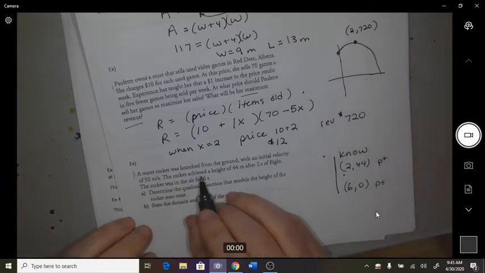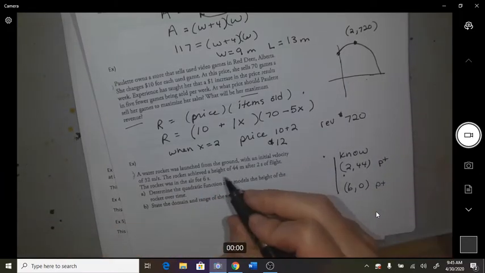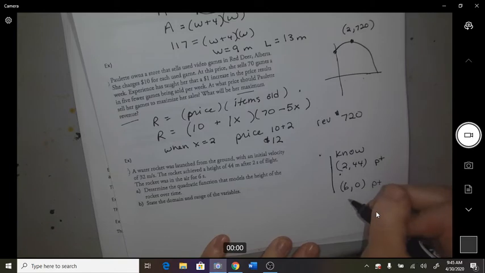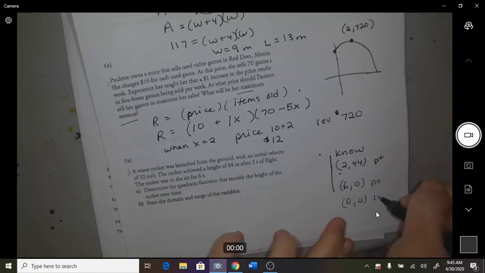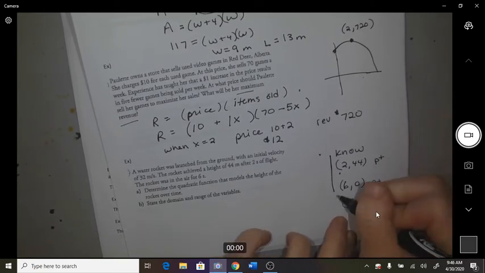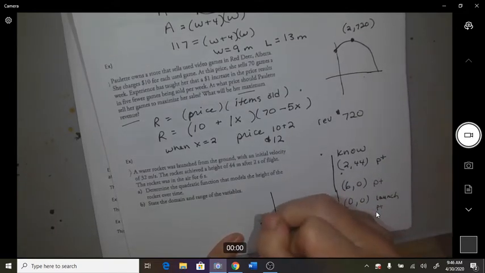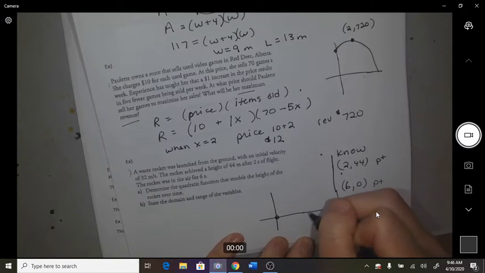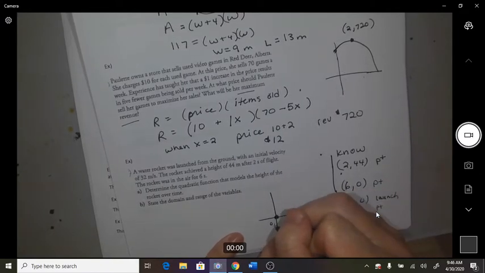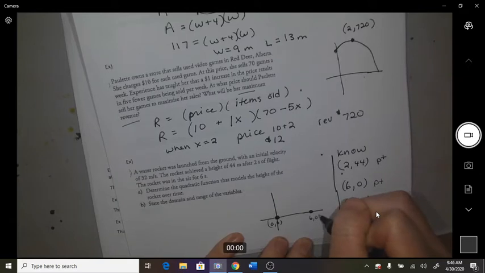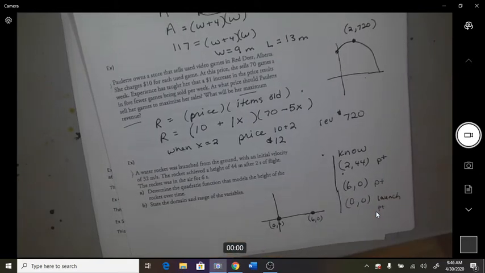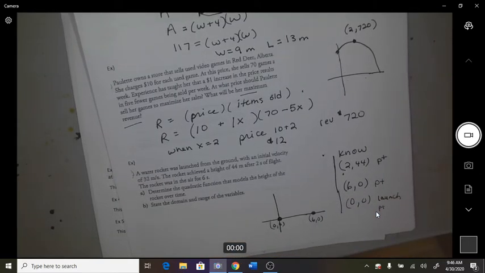And it's launched from the ground. Okay, so we know 3 points on this graph, so I'm going to draw it. Okay, so those are our two intercepts.